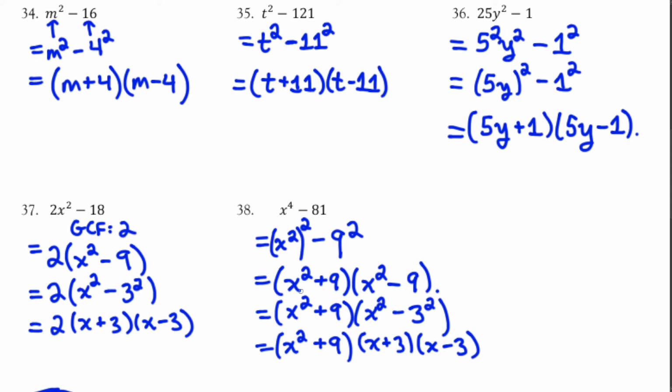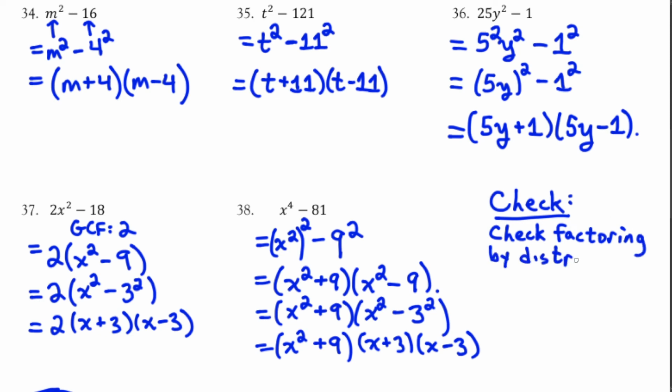The last thing I want to show you is how to check your work. After you spend a bunch of time factoring, especially if you've worked on a really hard problem, you check factoring by distributing, or by multiplying. For example, let's say that you did number 36, and you got the answer, but this is a high stakes situation.